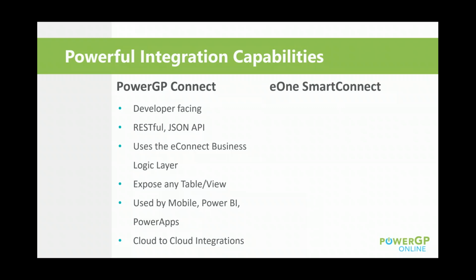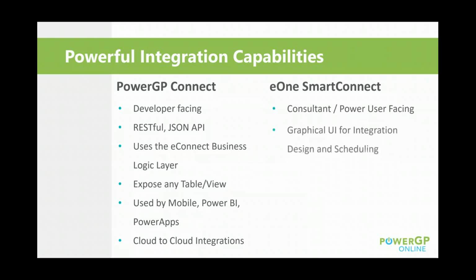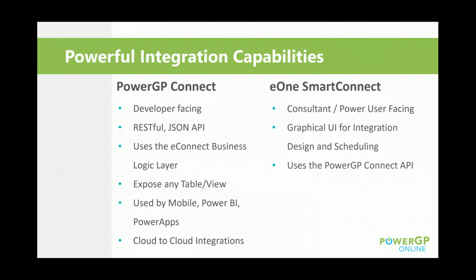For any of you that are using Smart Connect, PowerGP Connect does work with Smart Connect. In Smart Connect, when you do the mapping, all you have to do is put our URL in there as your data connector, and then it'll work for the PowerGP Connect endpoints that we currently have.